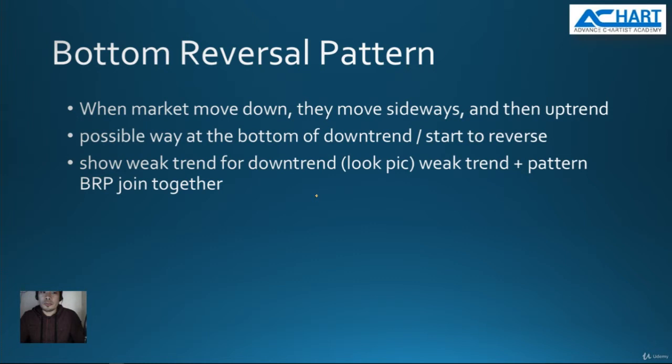Before it starts to reverse, it shows a very weak downtrend, and a bottom reversal pattern joins together and appears. There is a huge potential indication that the bottom has been reached and it starts to reverse upward. Again, there is no pattern lower than any bottom reversal pattern.